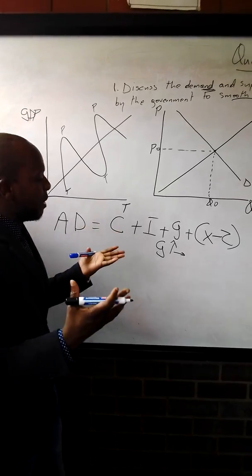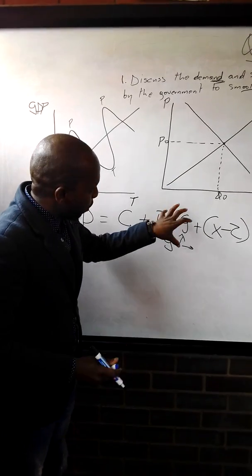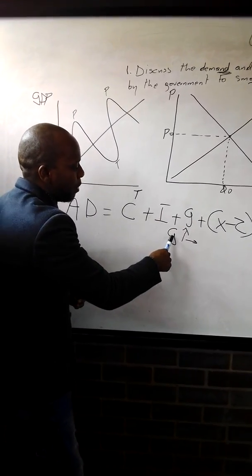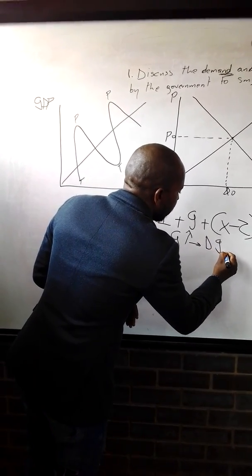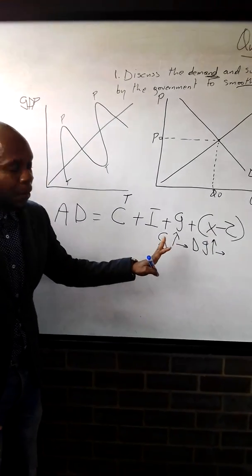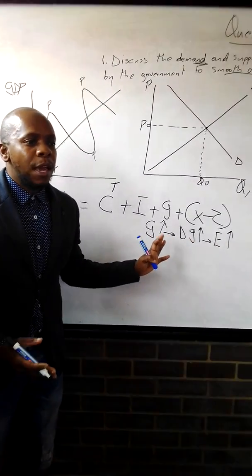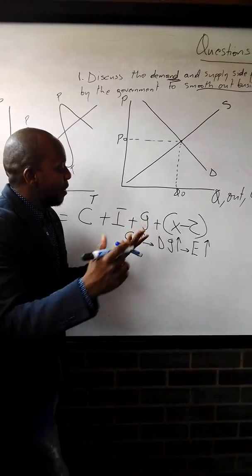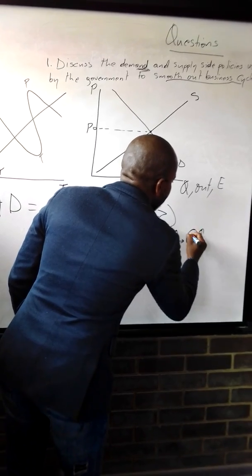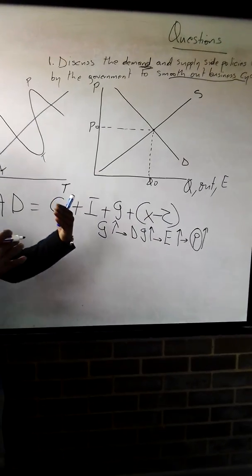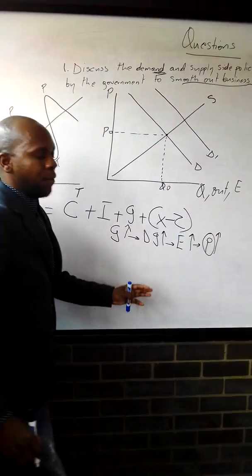And how can we illustrate that in a graph? That is where you use your fundamental knowledge, your basic knowledge of the economy. When the government spending increases, the demand for goods will increase. When the demand for goods increases, the employment in the economy will increase. And when the employment increases, the prices go up, because we are also interested in the prices. In terms of a diagram, that can be illustrated by the rightward shift of the demand curve.